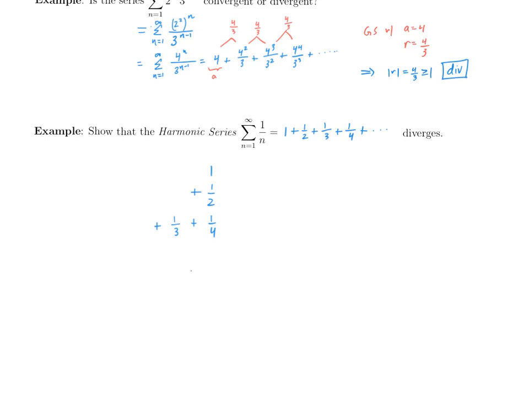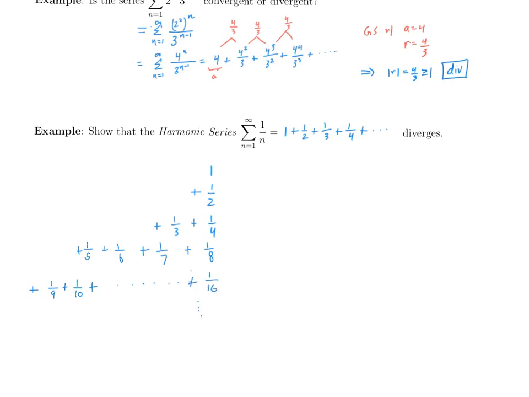So we would have 1/5 plus 1/6 plus 1/7 plus 1/8. Then, continuing on, 8 terms together: 1/9 plus 1/10. Don't worry, we're not going to write all these down. All the way up to 1/16.